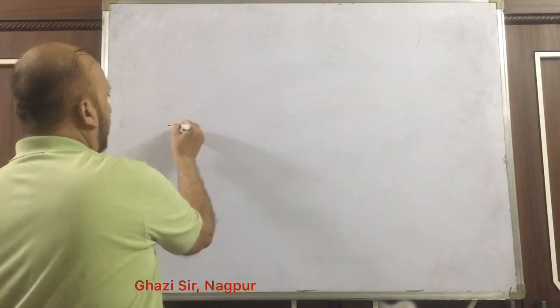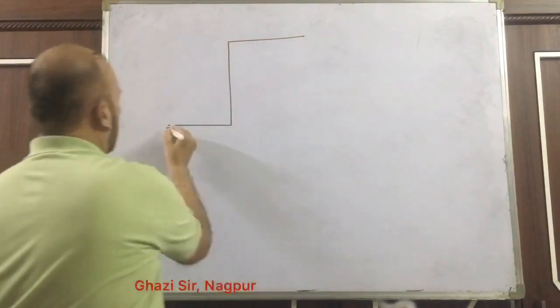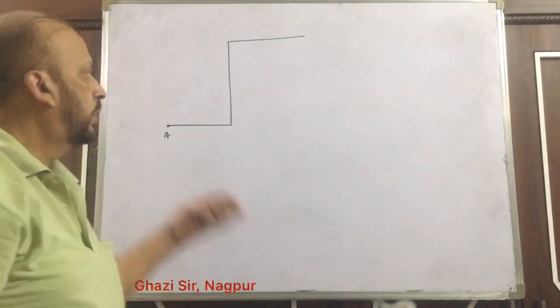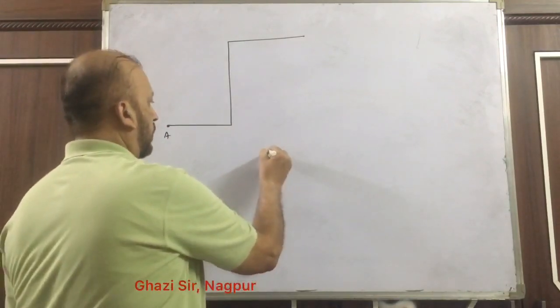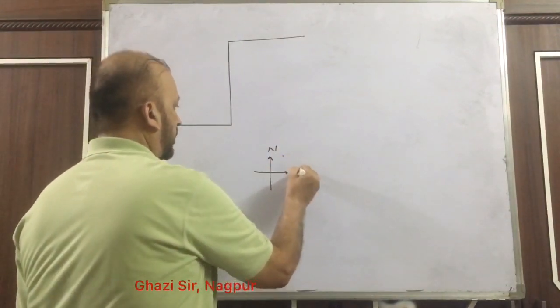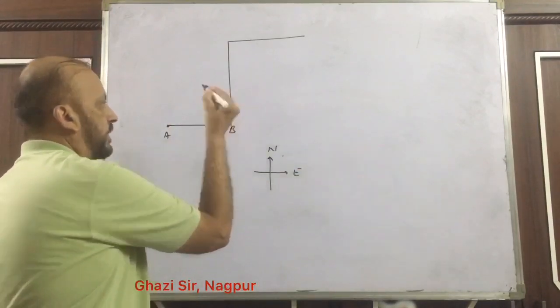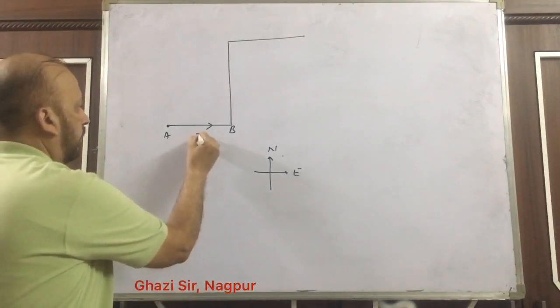Suppose a particle is moving from this point A, towards right. Suppose this is north, so this would be east. So it moves towards east up to B and travels a distance of, say, 3 meter.